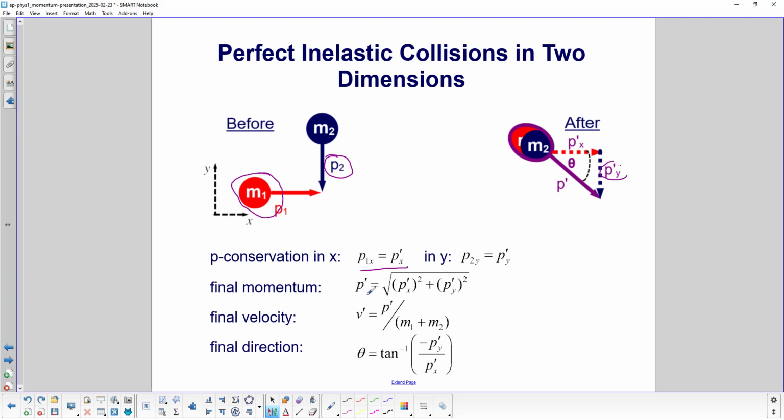Then our final momentum p' is the square root of p'x quantity squared plus p'y quantity squared. Then your final velocity v' is just your final momentum p' over m1 plus m2, because they stick together. And theta will be tan inverse of minus p'y over p'x.